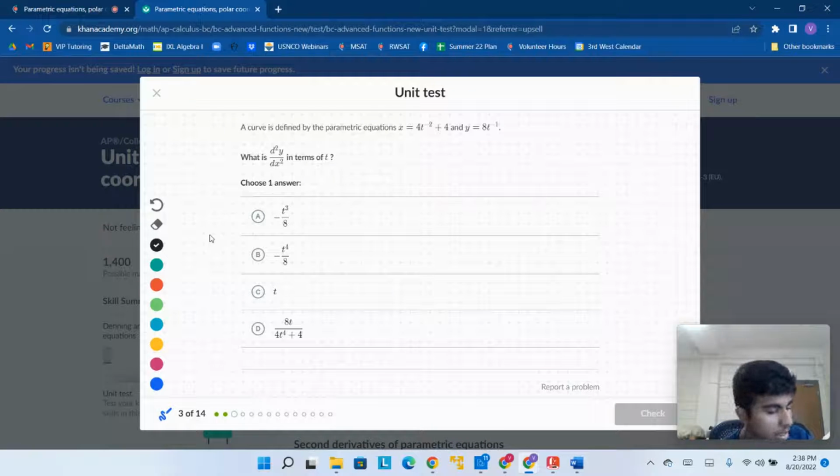That means I'm going to end up with dt/dx, which is just 1 over dx/dt. dx/dt was negative 8t to the negative 3, so 1 over that is negative 1/8 t cubed. That is how you would do that, and you'd end up with choice A right there. And we can keep going to the next question.